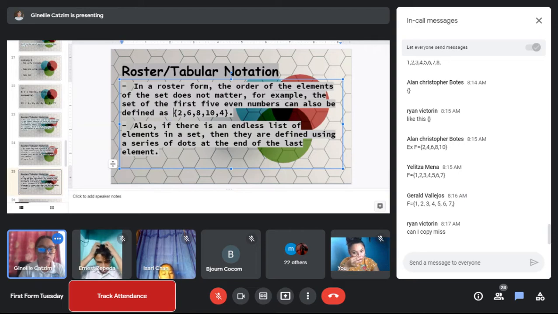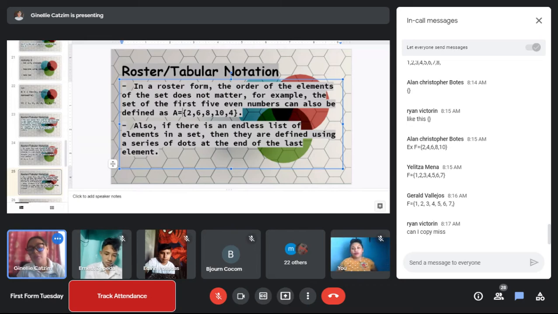Because if not, that will not be considered one. So that is how it can look. You do not have to place your elements in order. This is what it's trying to say. You do not have to have an order for this notation as long as you have the elements.